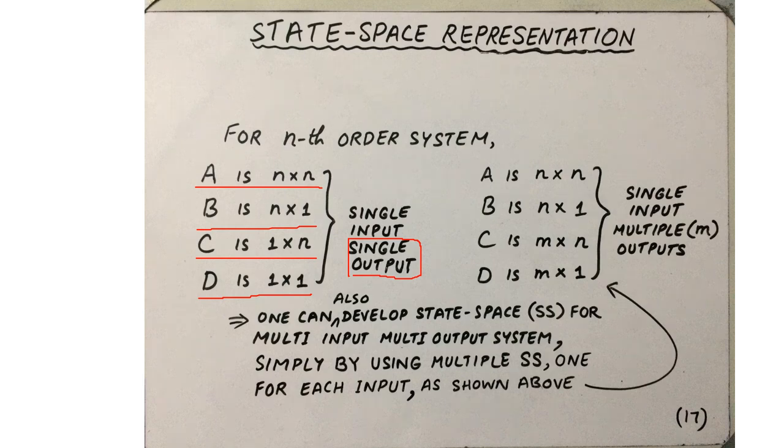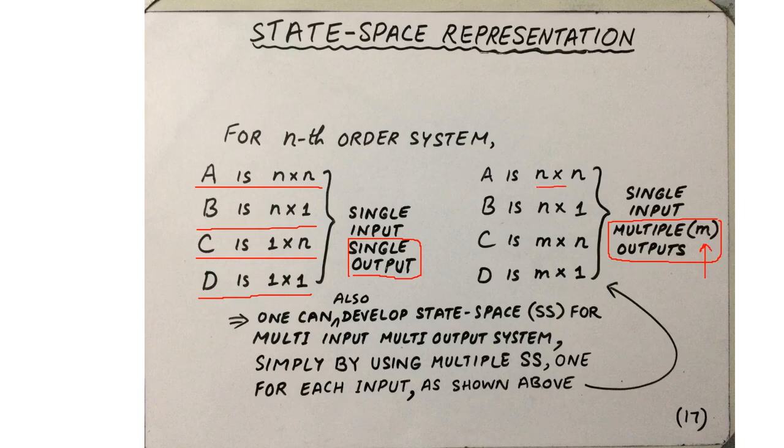For the case of multiple outputs, suppose we are interested in analyzing dynamic quantities represented as the outputs of the system, and suppose we are interested in simultaneously knowing m outputs, m quantities in a physical system.